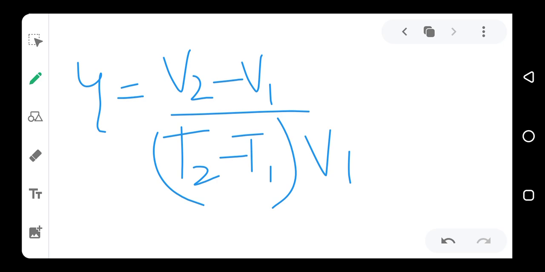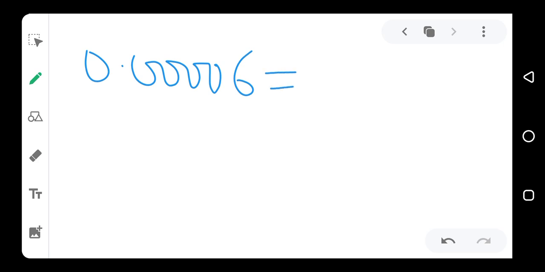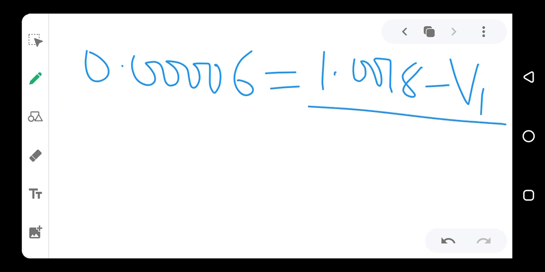Now we know V2. V2 is 1.0018. So gamma is equal to, we already know our gamma as 0.00006. This is equal to, the final volume is 1.0018 minus initial volume, we are looking for it, V1, over temperature change, 30 minus 0, that is 30 degrees.